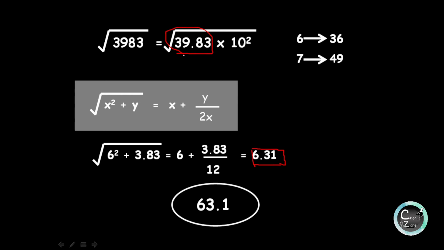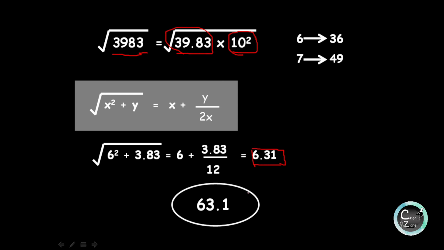So 6.31 is the square root of 39.83, and the square root of 10 to the power 2, that is the square root of 100, is 10. So we have to multiply 10 with 6.31 to get the square root of 3983.